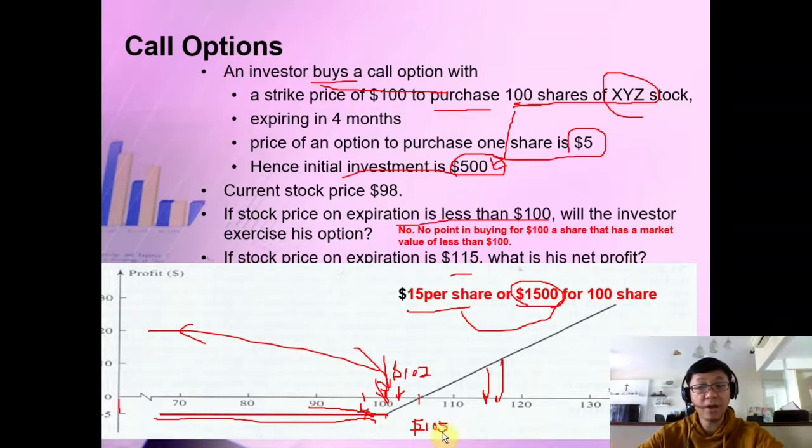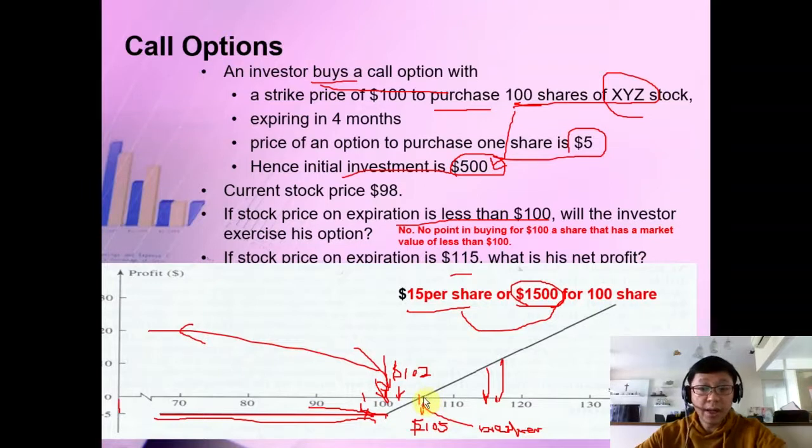That's the break even point, 105, because I spend $5 for every share.